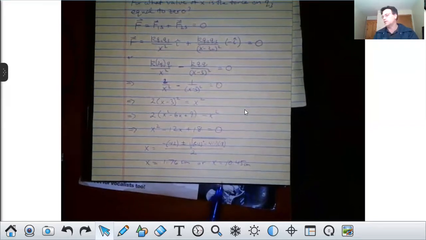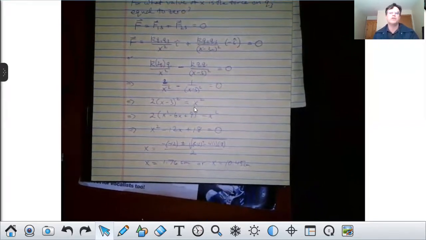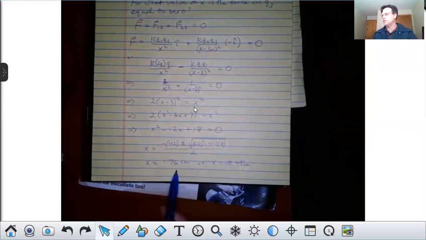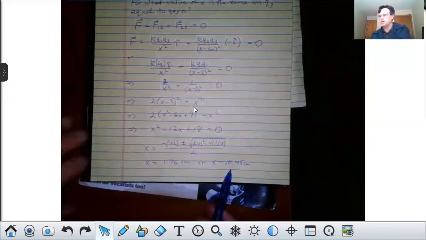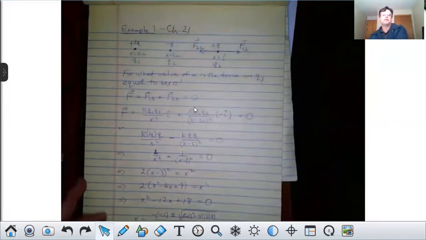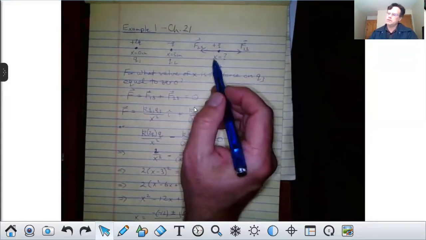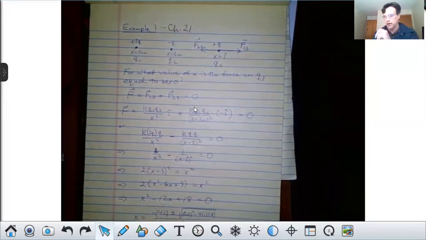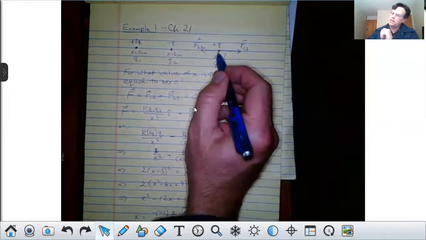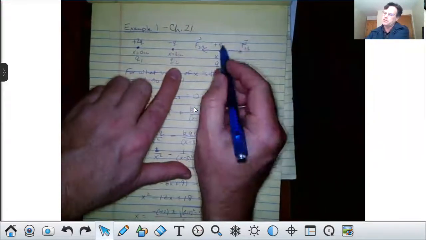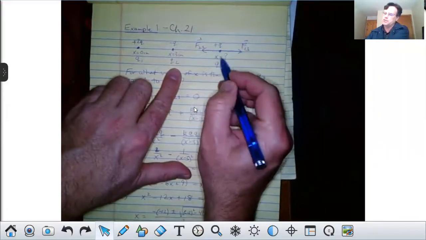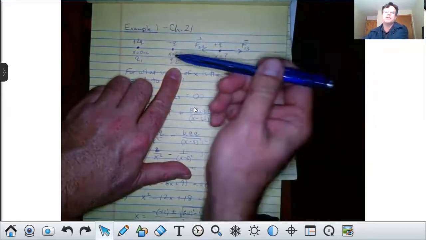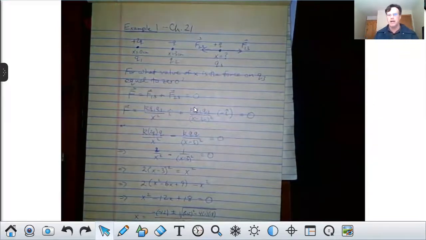Now, I always get two answers when I have a quadratic. I have to think a little bit about the physics now, though. Which one of these answers is right? Let's go back to our picture, right? Well, certainly x equals 10.45 centimeters can be correct because I'm outside, I'm greater than x equals 3, which this situation corresponds to. The forces are opposite in direction, so they can cancel out.